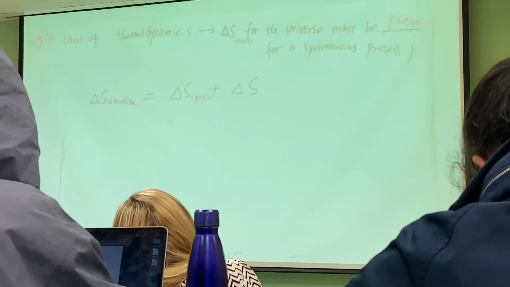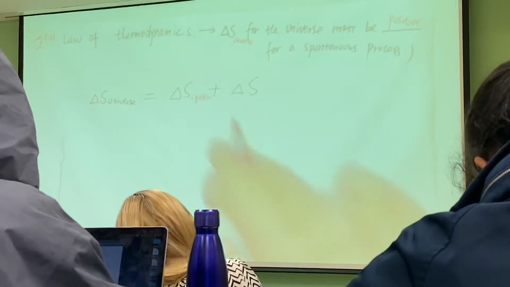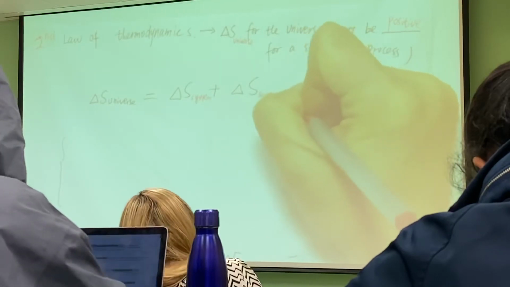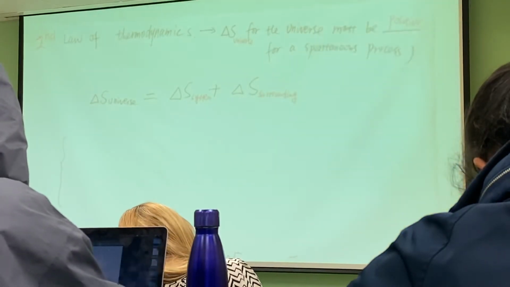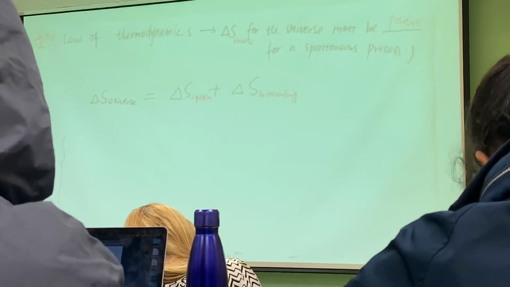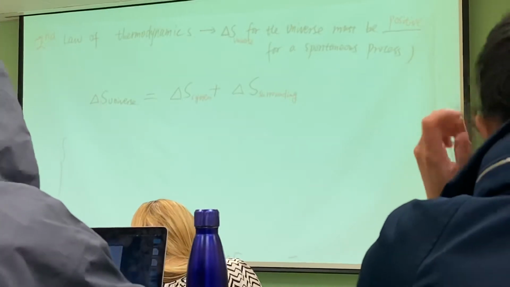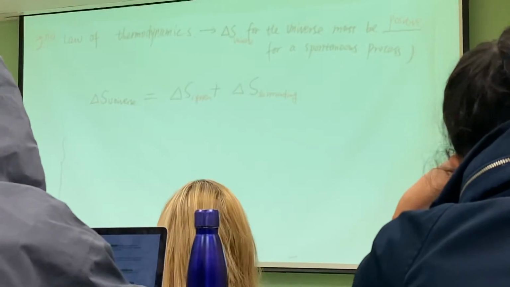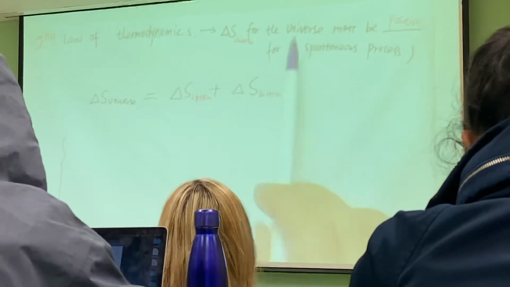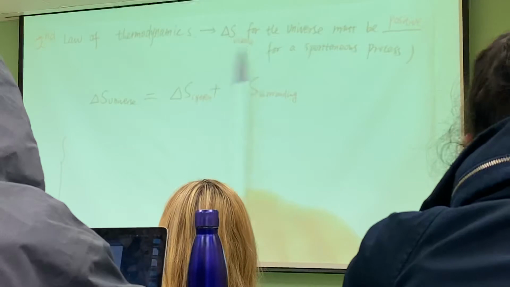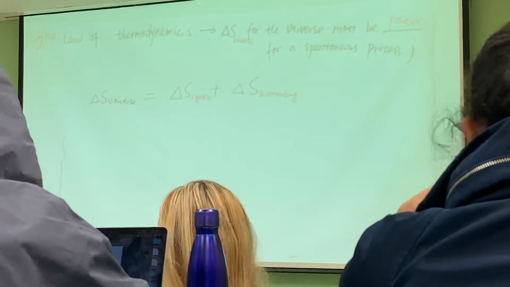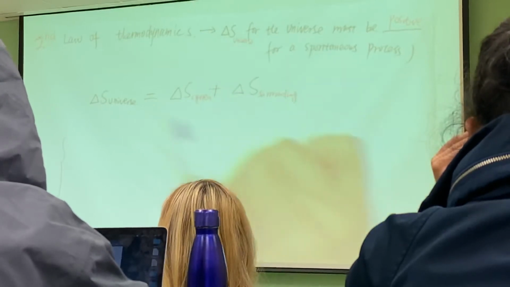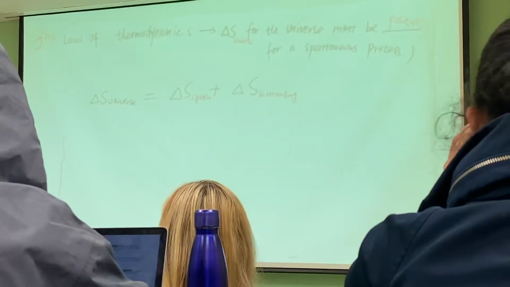The rest of the part is called the surrounding. So delta S system, delta S surrounding. Anything beyond your system is your surrounding. So to make sure your process is spontaneous, your delta S universe should be positive, not just the system, but the whole thing. Okay?